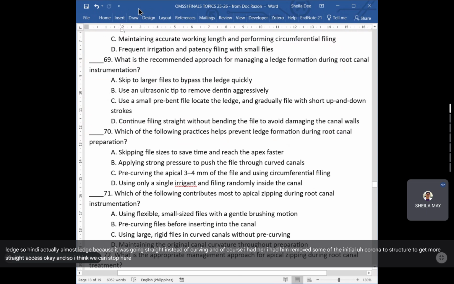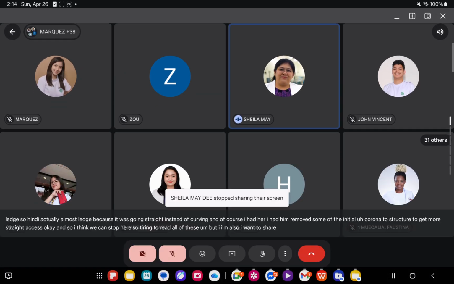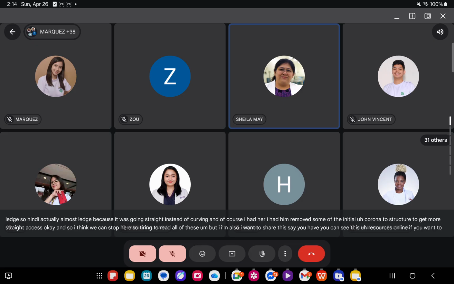So, I think we can stop here. So tiring to read all of these. But I also want to share this. You can see these resources online if you want to.